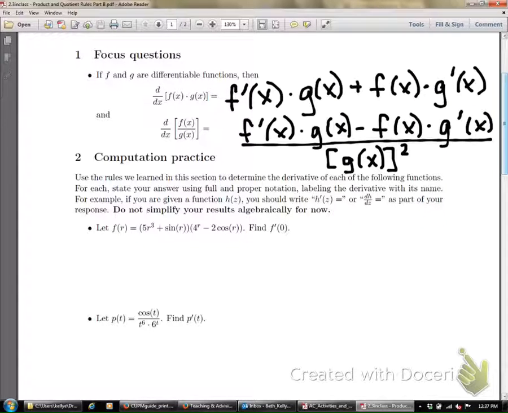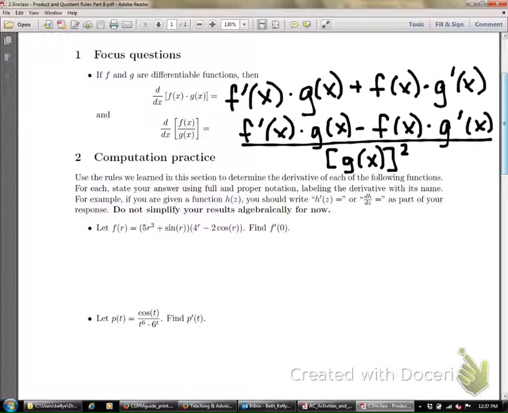So this says that f of r equals 5r cubed plus sine of r times 4 to the r minus 2 cosine of r, and we want to find f prime of 0. In order to find f prime of 0, we need to have a formula for f prime of r first and then input 0. We cannot input 0 first and then take the derivative.